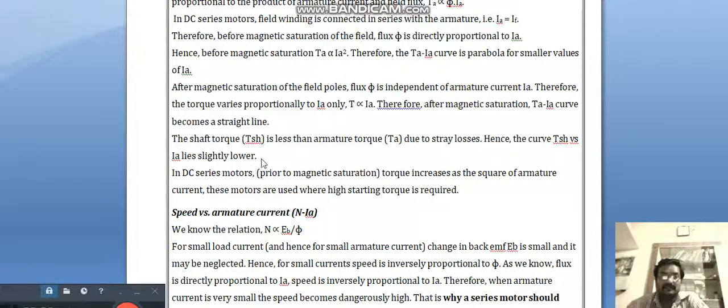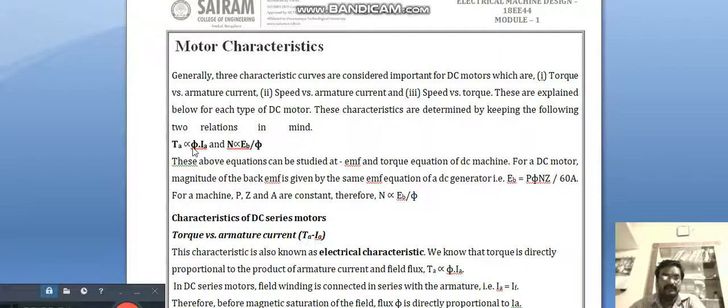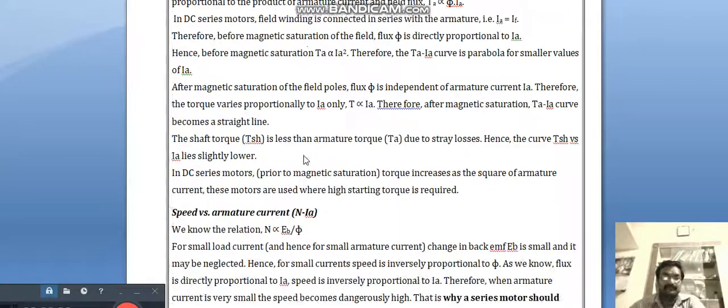In DC series motors, torque increases as the square of the armature current. These motors are used when high starting torque is required.